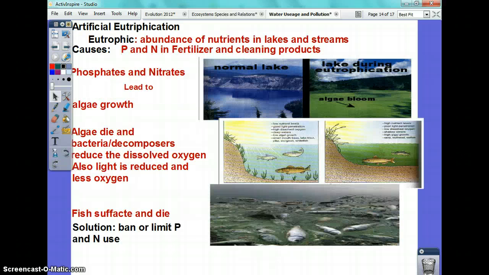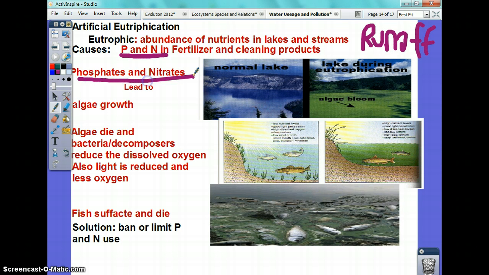So eutrophication, try to remember the picture I showed you of the China case of algae bloom. What happens is phosphorus and nitrogen, because of excessive farming, end up in your water supply through runoff, okay? And this excessive amount of nutrients can't get processed, so it leads to this algae growth or bloom, which means an overpopulation of algae.